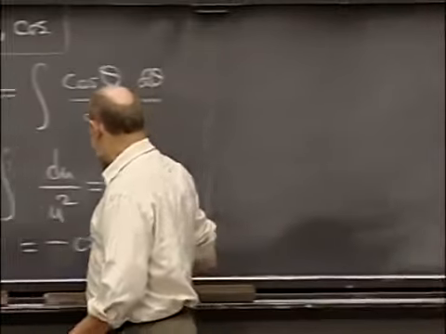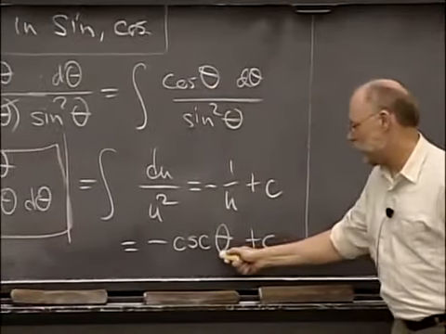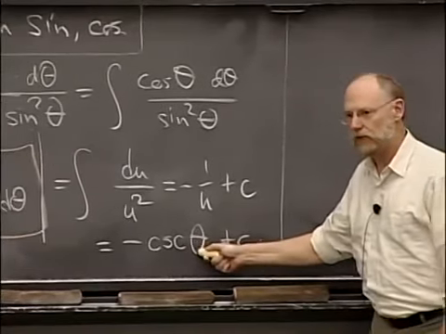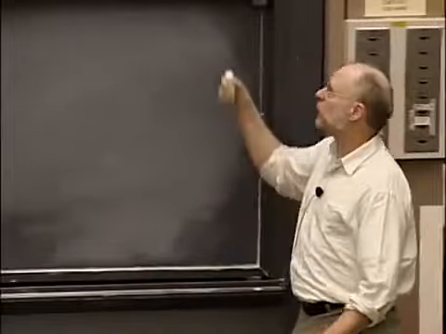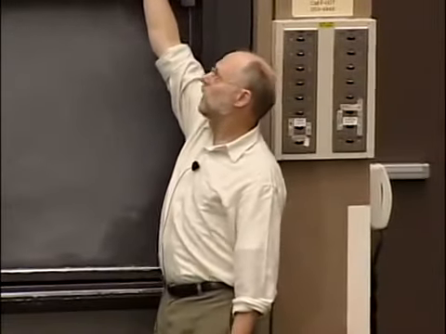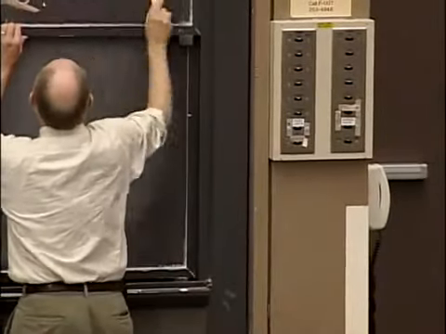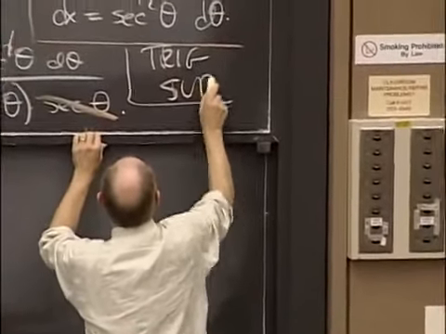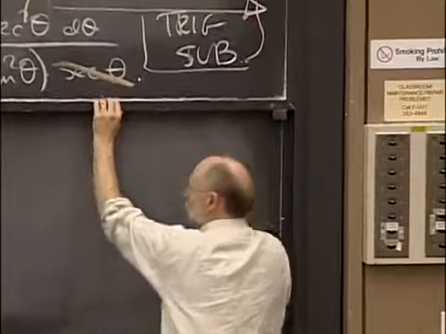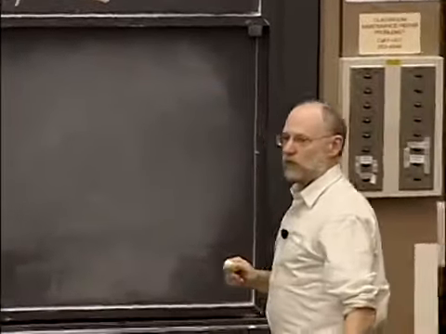So what I want to try to talk about right now is how to rewrite a trig term like this back in terms of x. So I want to undo this trig substitution. This is a trig sub. And what I want to do now is try to undo that trig sub.